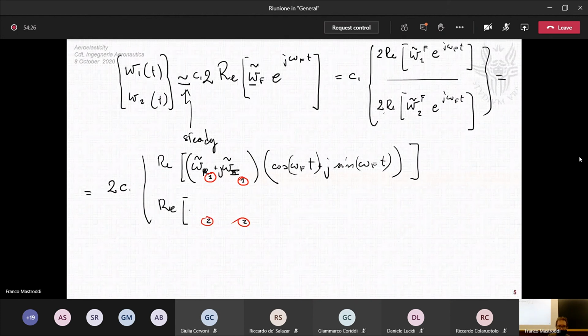Okay, W_R plus jW_I, this is the critical eigenvector, so the flutter eigenvector, real part and imaginary part, again by cosine and j sine.